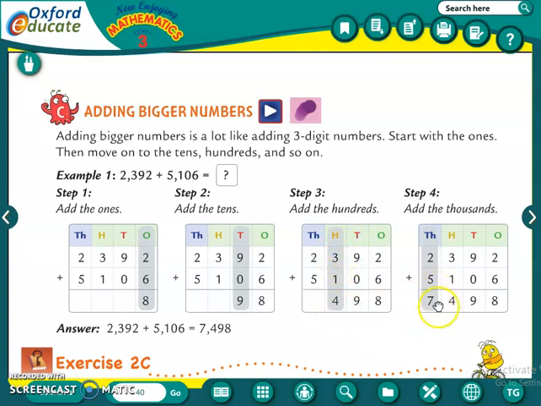And then finally we will add the thousands. 2 plus 5 is equal to 7. So 2392 plus 5106 is equal to 7498. This is the calculation for these two numbers.